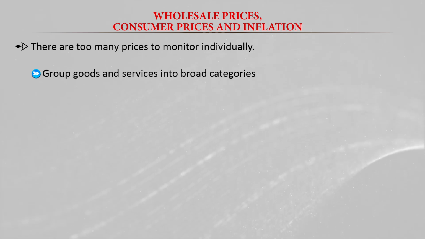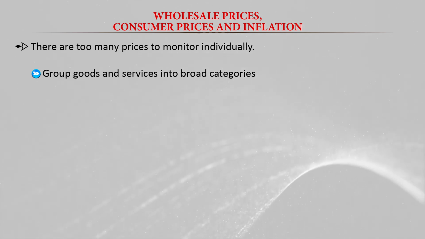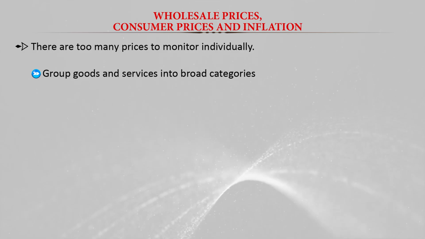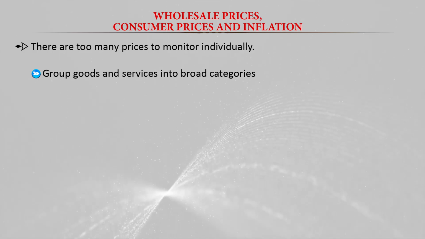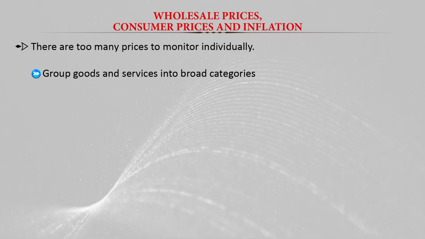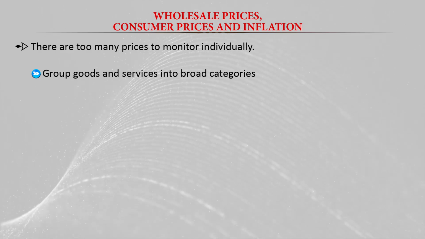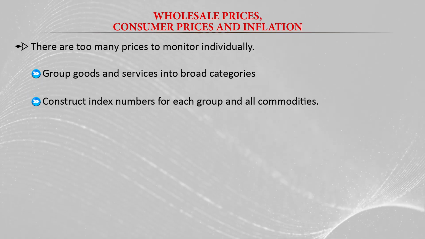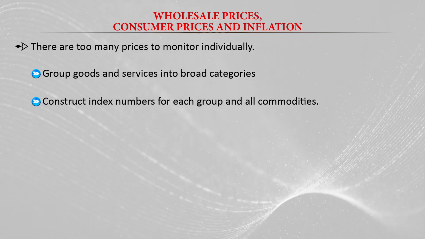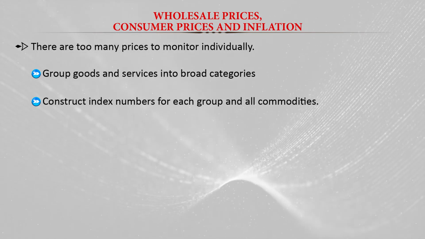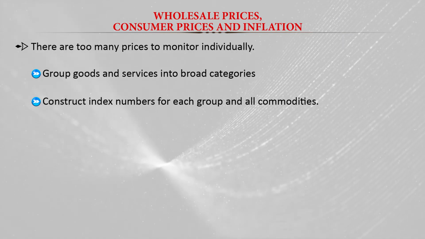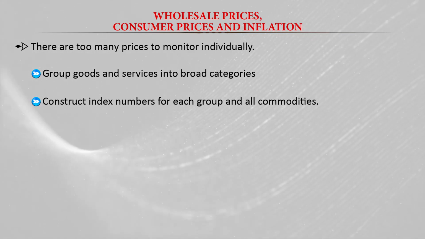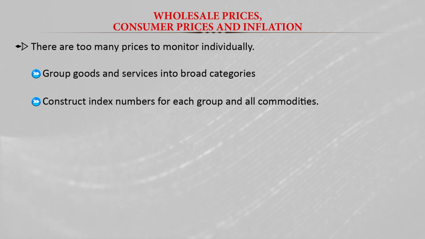Like in the case of agriculture, we can say the food grain crops or the horticultural groups, and like that we can group the different commodities into broad groups or broad categories, and then we construct an index number for each and every commodity group. Then we can monitor the price index of these major commodity groups.